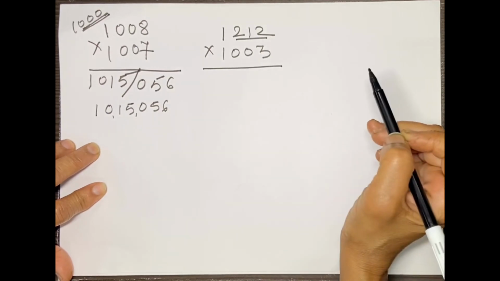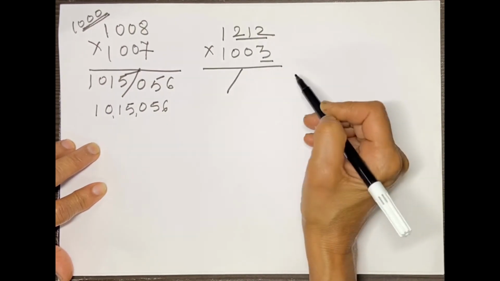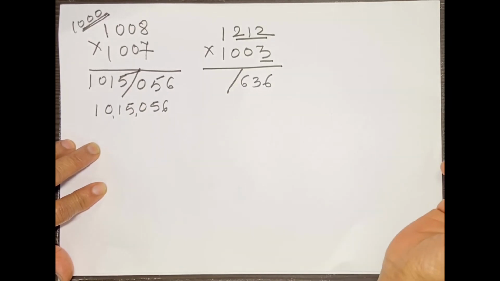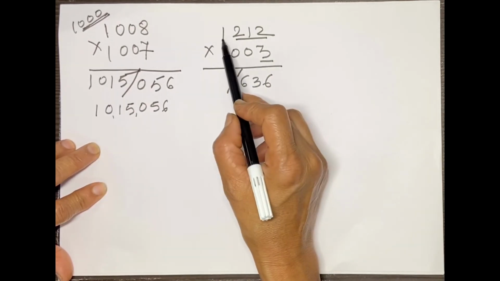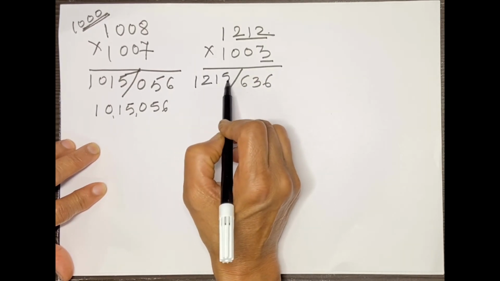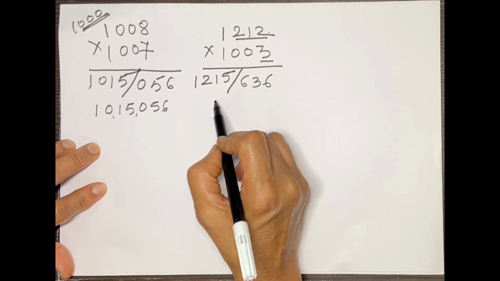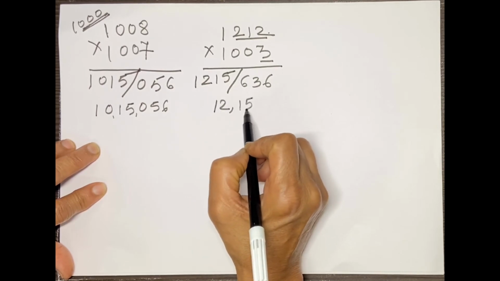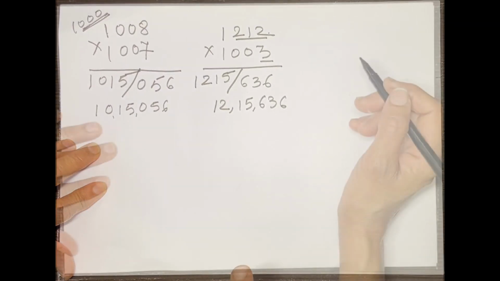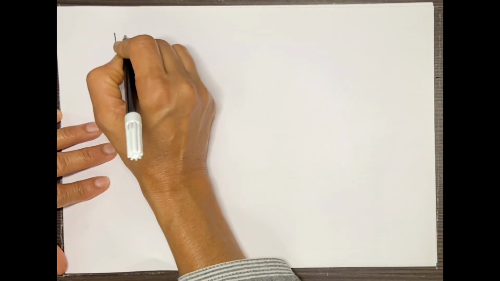The differences are 212 and 3. Right hand side will be 636. Left hand side 1212 plus 3, 1215. So the answer is 12 lakhs 15,636.